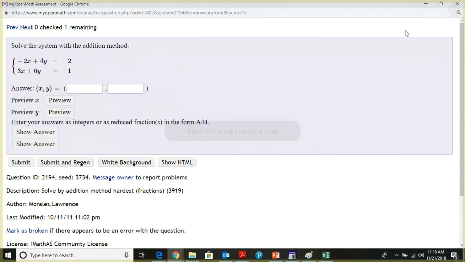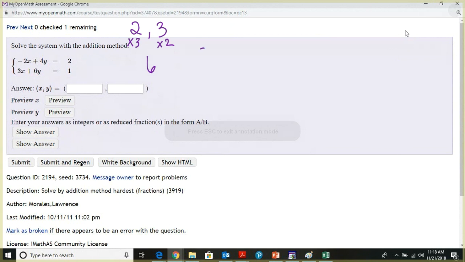So we're allowed to multiply things. So if you have a 2 and a 3, then the least common multiple here would be 6. So we want to try to rewrite both of these in terms of 6. So notice I'll have to multiply that one by 3, and I'll have to multiply that one by 2.